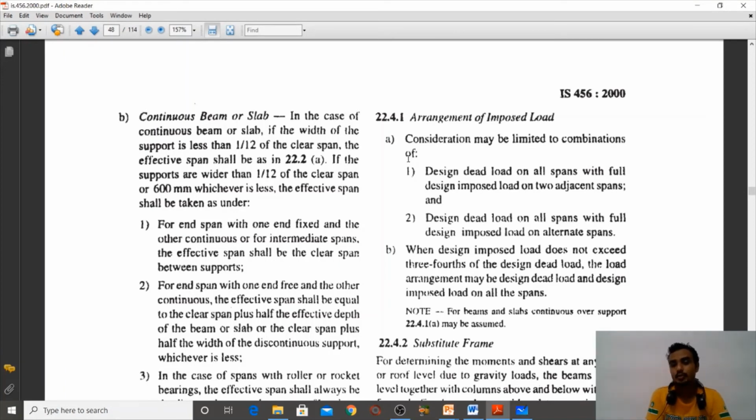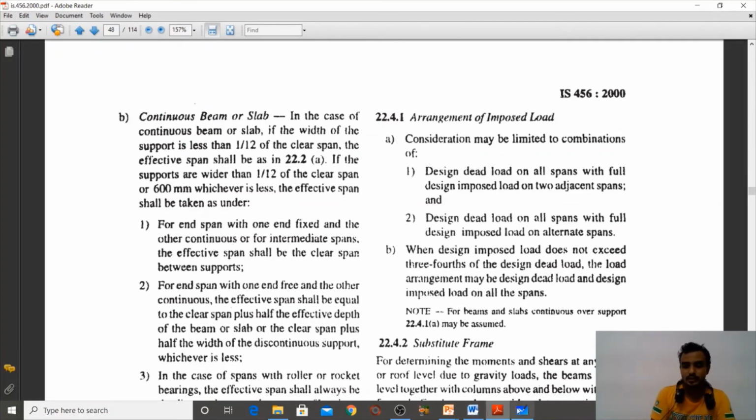There are two conditions for the arrangement of imposed load. The first is design dead load on all spans with a full design imposed load on two adjacent spans, and the second is design dead load on all spans with a full design imposed load on alternate spans.